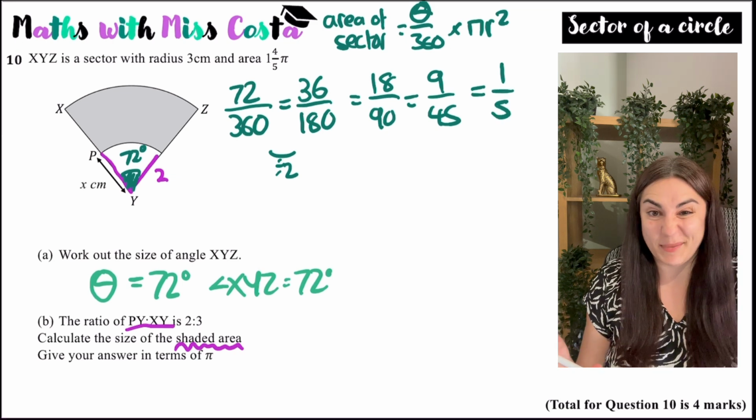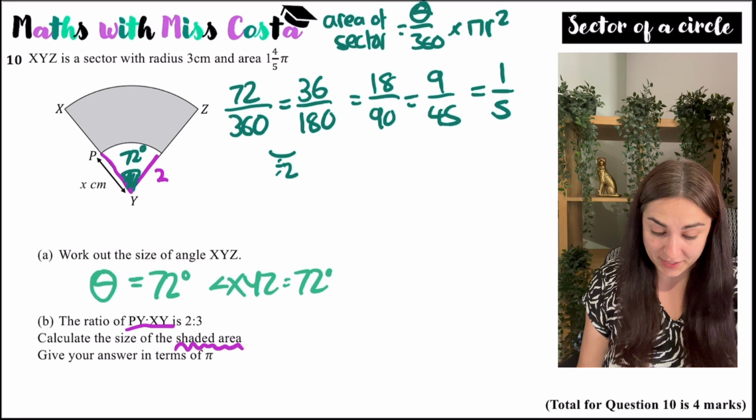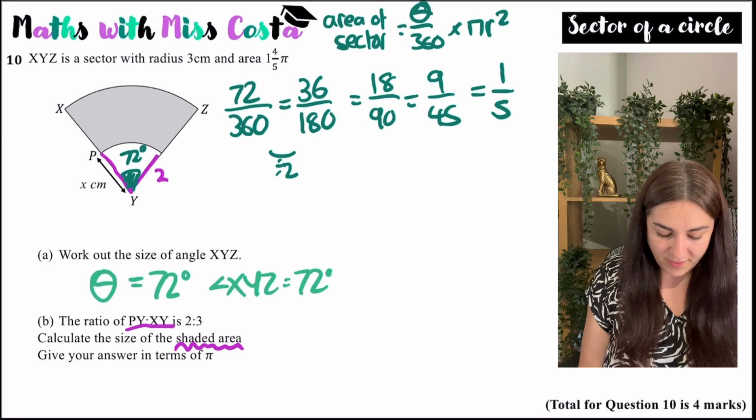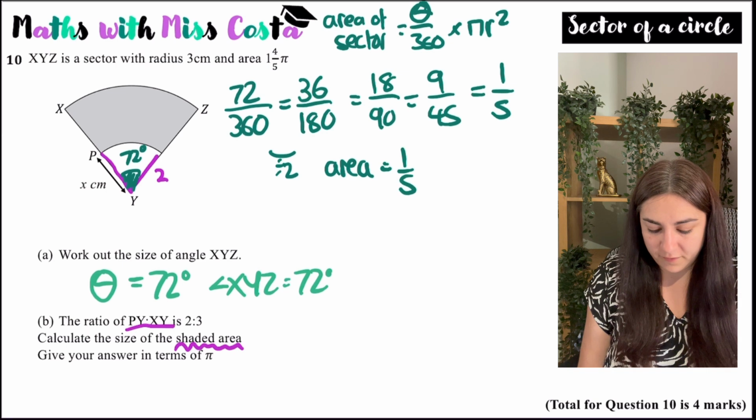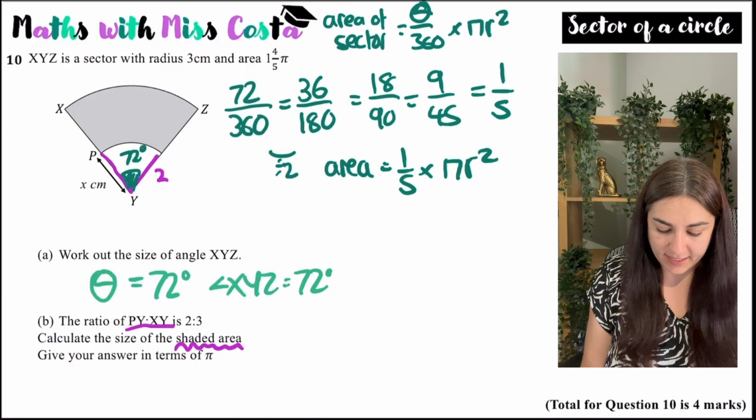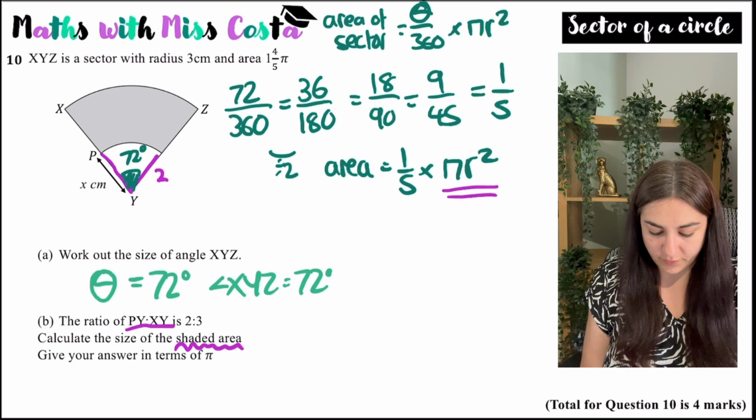So I can just make life easier by simplifying that fraction. You don't have to. So the area of the sector is going to be 1/5 times by pi r squared. And now I just need to work out what the radius is.